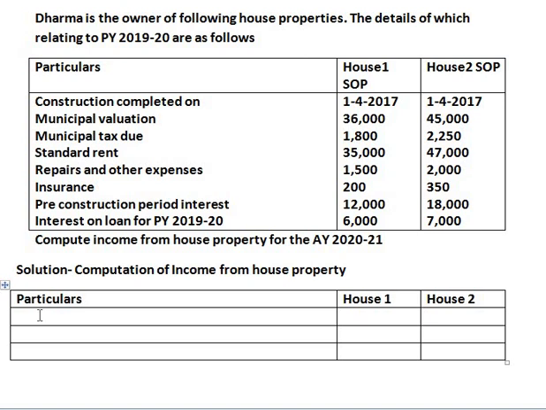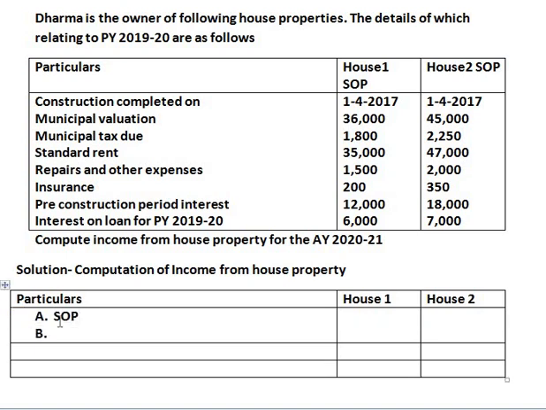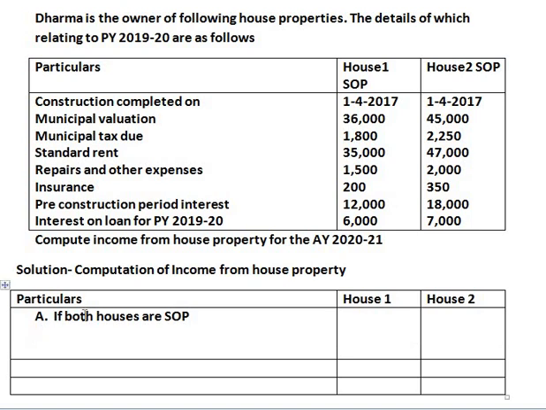First solution will be considering both the house properties as self-occupied property. Therefore, if both houses are self-occupied property, when you treat house property as self-occupied, then always you should take annual value as nil.